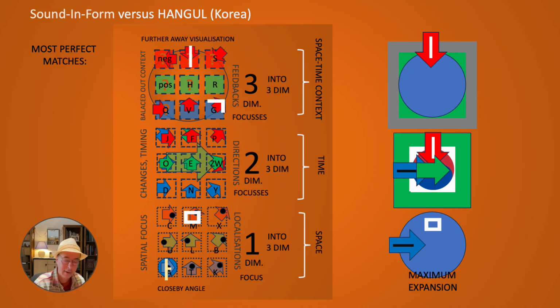There's a few other letters that I can recognize, which are also pretty well visible in my system and are pretty well a match. The M in my system is in the first category. The first category is about the spatial orientation, or orientation upon everything which is objective, everything which is physical as well.